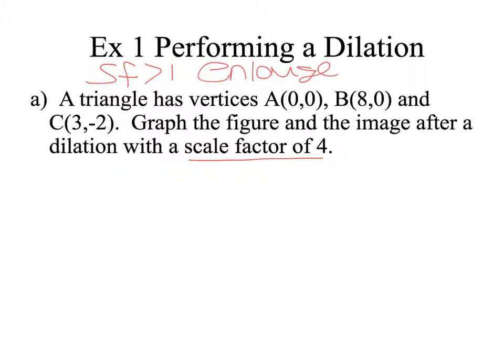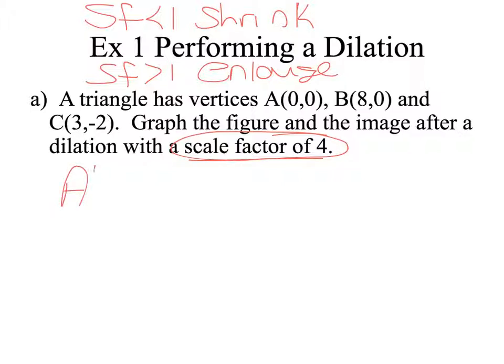And I can write up here, scale factor less than 1 is going to shrink the shape. And in order to enlarge everything or shrink everything in the shape, we do that by multiplying. So basically with the scale factor of 4, we're going to multiply every coordinate by 4. So let's start with A prime.